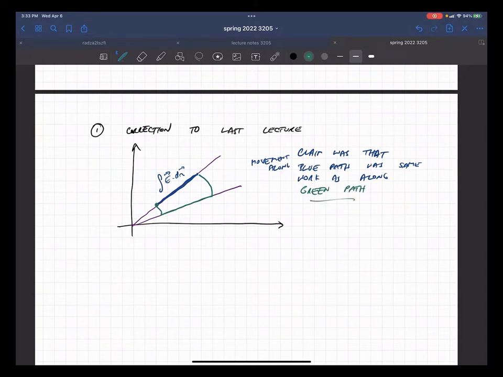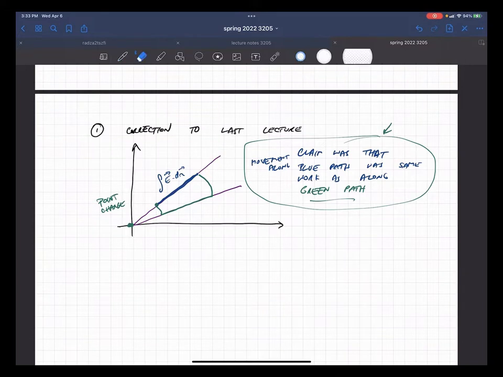And this is still correct. I'm talking about what the example was again: a point charge and the electric field caused by the point charge. So this is still a correct statement.